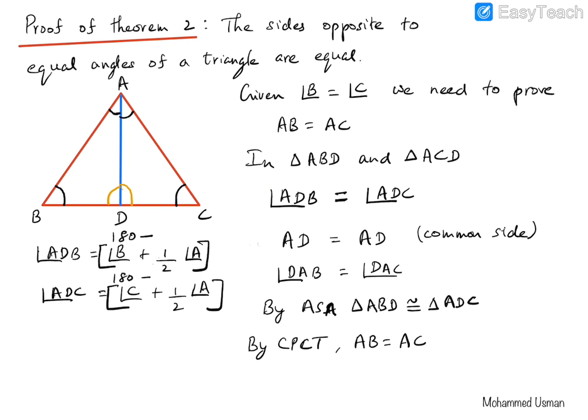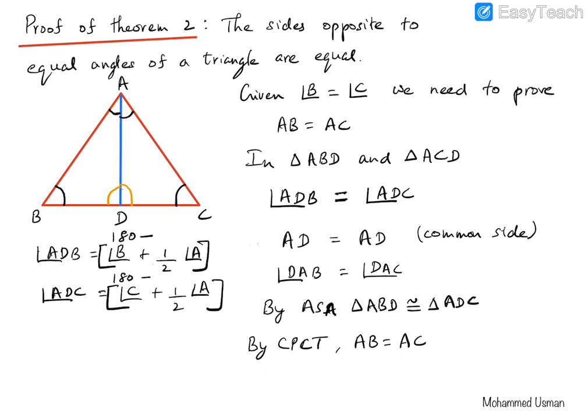And then we can check for congruence. So this angle is equal to this angle, that's angle. Then we have a common side, which is the blue line for both the triangles. So AD equals AD. And then we have the bisected angle of angle A, which is angle DAB and angle DAC. They are also equal because angle A has been bisected into two equal parts.